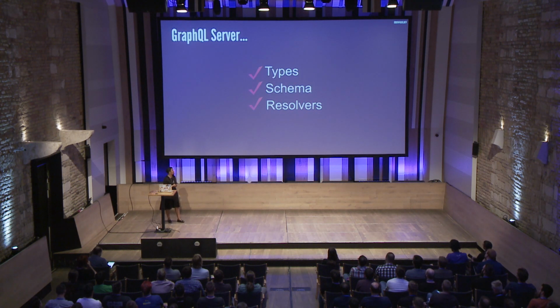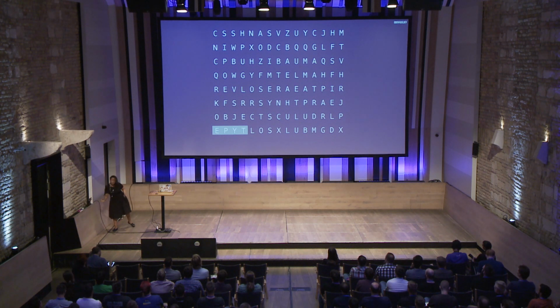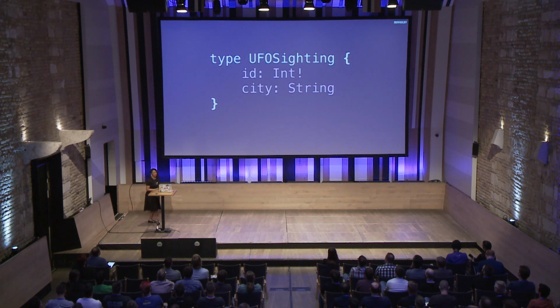So a GraphQL server consists of these 3 things: types, schemas, and resolvers. So we're just going to look at each thing one by one. And we'll start out by looking at the types. Okay. So in this example, we've defined our own type, which is a UFO sighting.